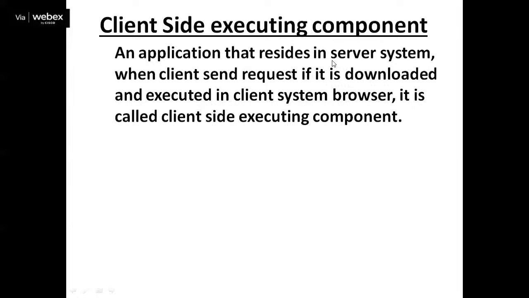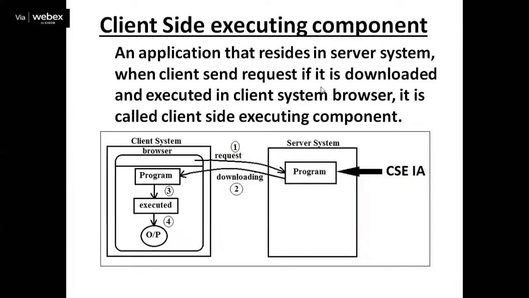Completed? Write down this diagram. Which direction do you have to write, left to right or right to left? Without the server system and client system, the program arrow mark should not be written. First, write server system.